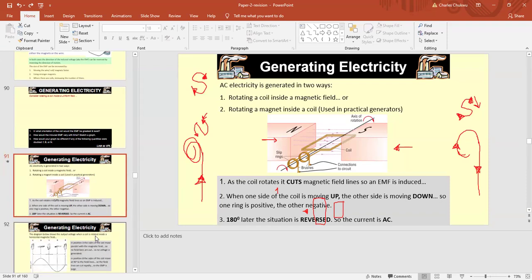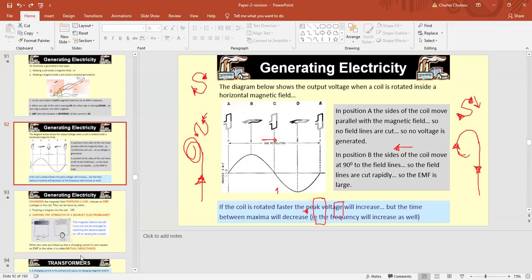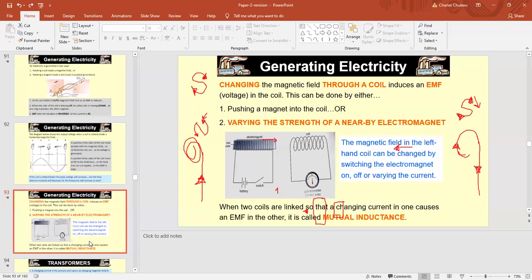So you would have these principles to catch up with when it comes to generating electricity. These are some more details, but I don't want to spend too much time on them for the sake that they may be higher topics.